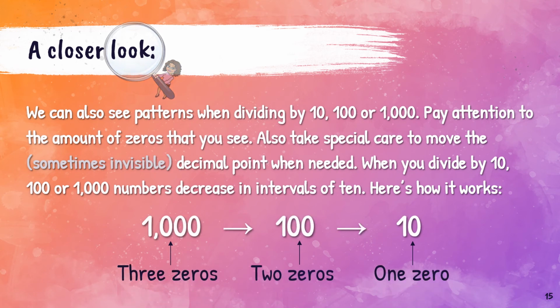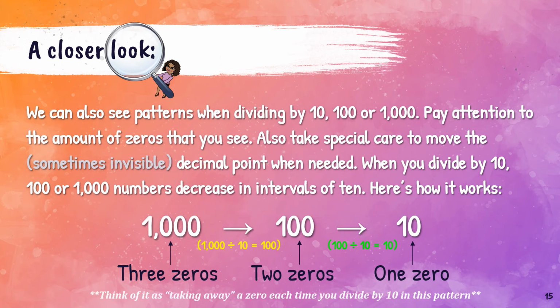We can also see patterns when dividing by 10, 100, or 1,000. Pay attention to the amount of zeros that you see. Also, take special care to move the sometimes invisible decimal point when needed. When you divide by 10, 100, or 1,000, numbers decrease in intervals of 10.